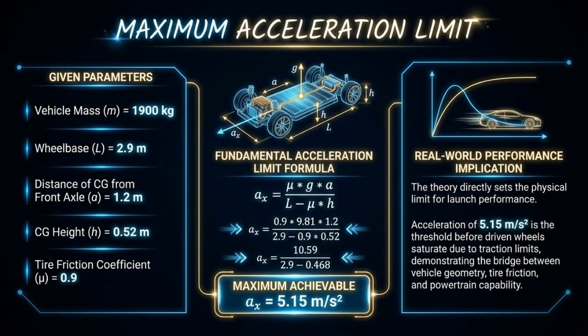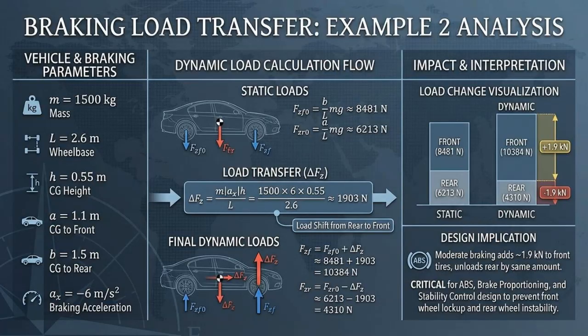When these values are placed into the acceleration limit equation, the maximum achievable longitudinal acceleration is 5.15 meters per second squared. This means the driven wheels reach their traction limit at this acceleration. Beyond this point, adding more motor torque will only cause wheel slip, not faster launch. The result proves that first principle physics directly sets real-world vehicle acceleration performance.